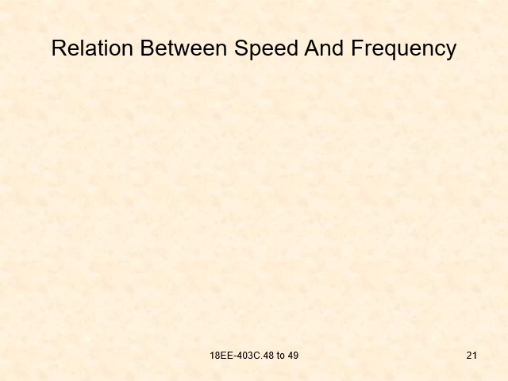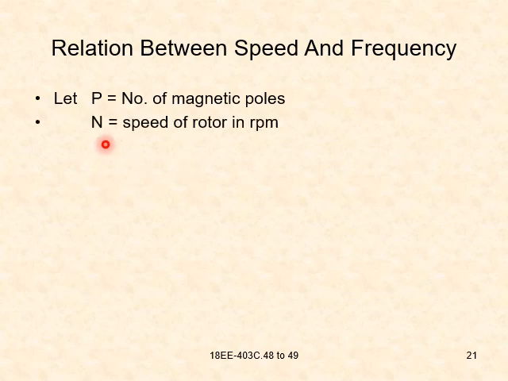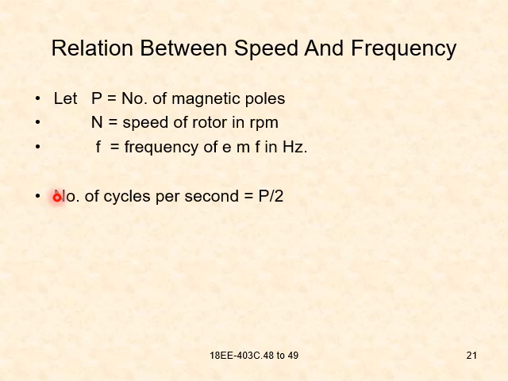Relation between speed and frequency. Let P be the number of magnetic poles, N be the speed of rotor in RPM, and F be the frequency of EMF in hertz.